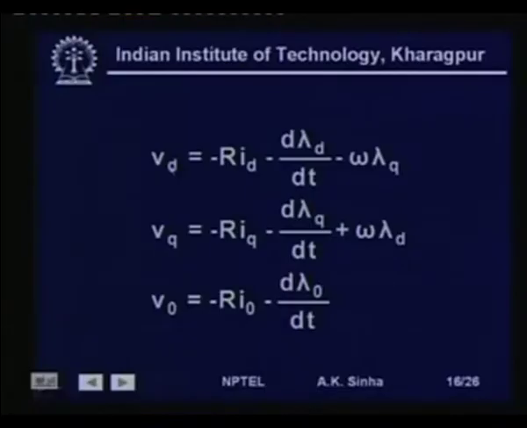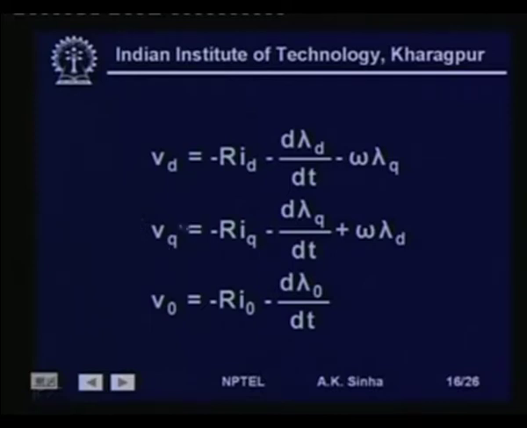In fact, this is what is providing this electromechanical power conversion, that is the d axis voltage depends on the q axis flux linkage and the speed.